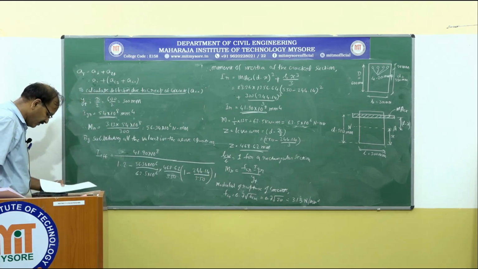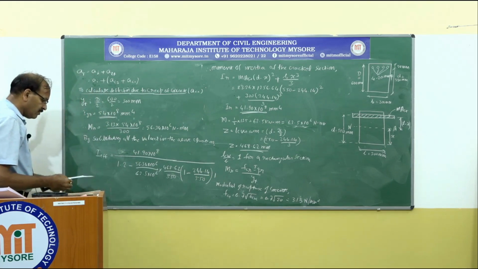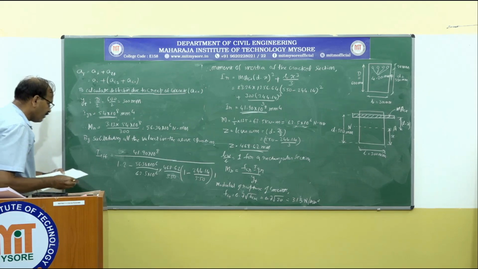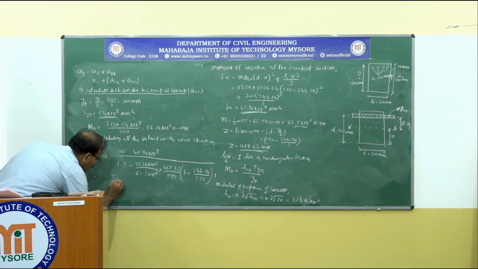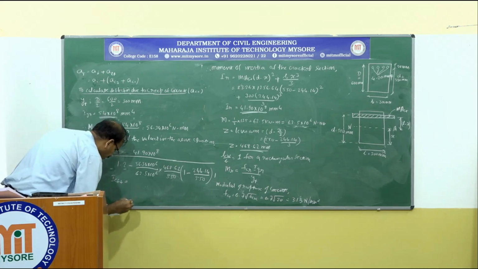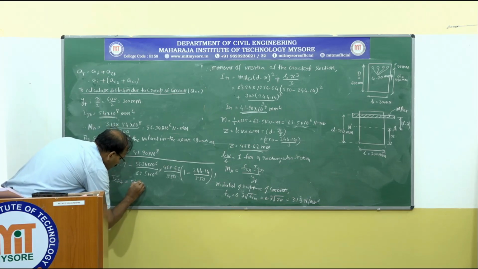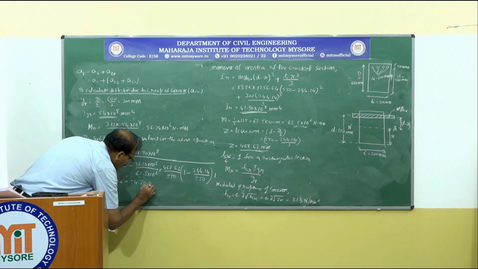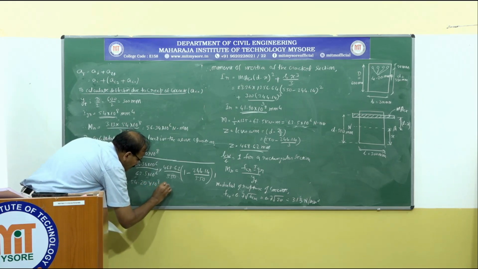Therefore, I effective equals 54.20 into 10 to the power of 8 millimeter to the power of 4.